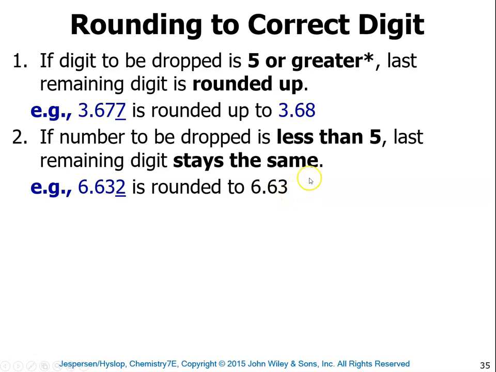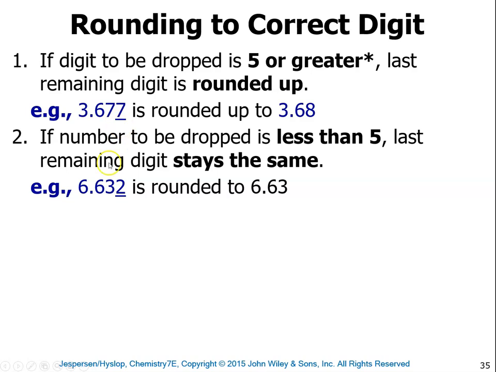So there are other ways of doing this. Sometimes they have even or odd, where if the digit is even, it remains the same. So if it's 3.677, since this is an odd number, you just keep it at 3.677. If it was 3.676, you would round it up.